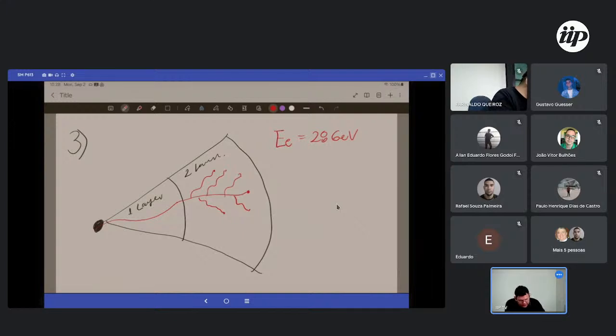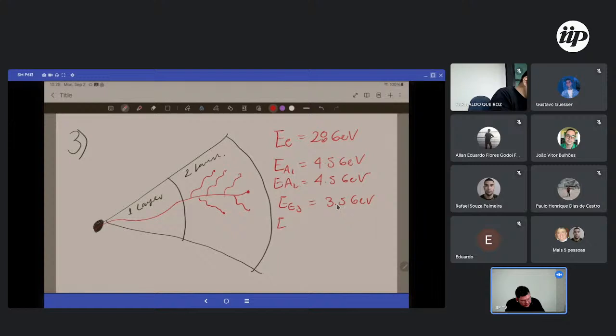So we have, for example, photon number 1 has 4.5 GeV, and photon number 2 has 4.5 GeV. The electron number 3 has 3.5 GeV.